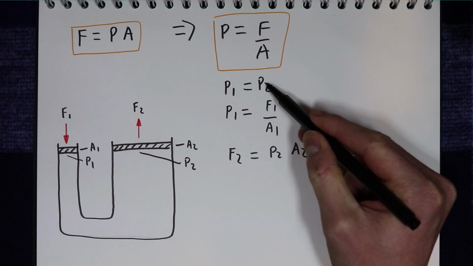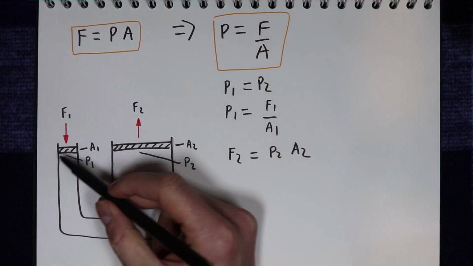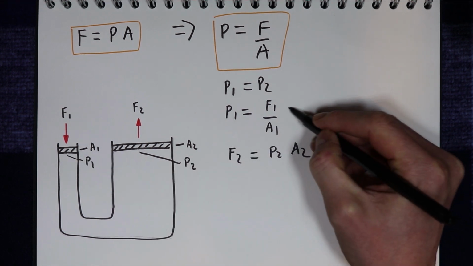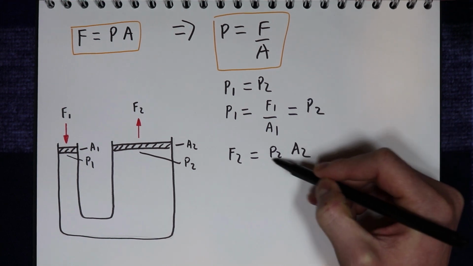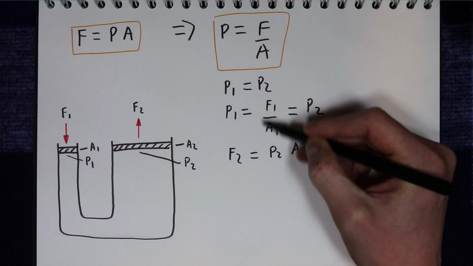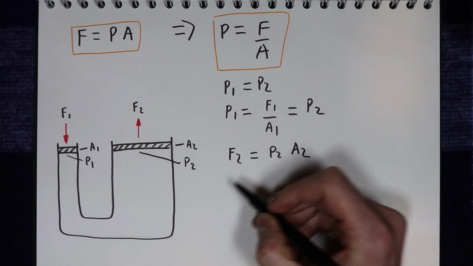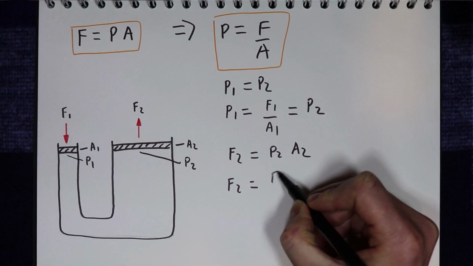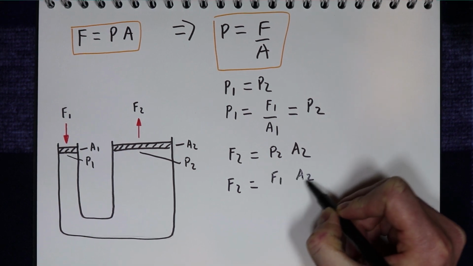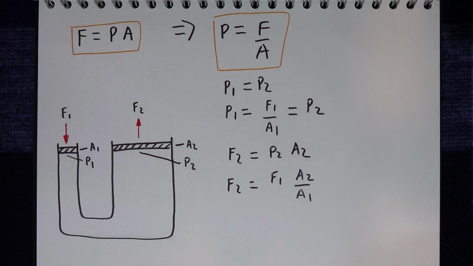We know that P1 equals P2, so we can substitute P2 with F1 over A1, so F2 is actually equal to F1 times A2 over A1.